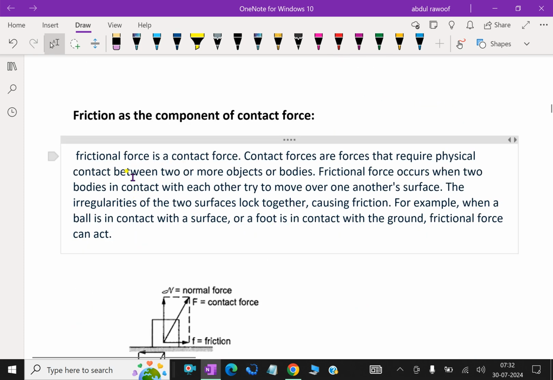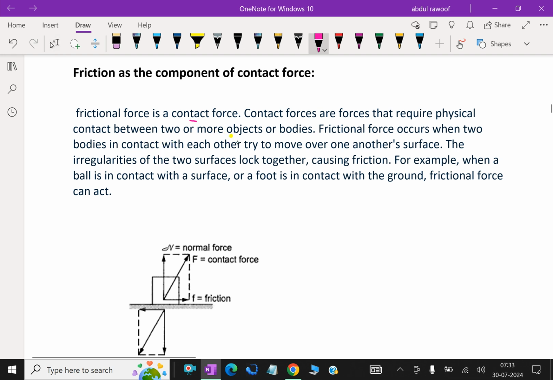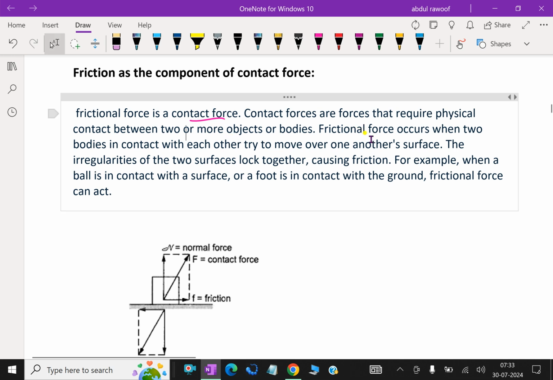Next one, friction as a component of contact forces. Frictional force is a contact force. Contact forces are forces that require physical contact between two or more objects or bodies. Frictional force occurs when two bodies in contact with each other try to move over one another's surface.